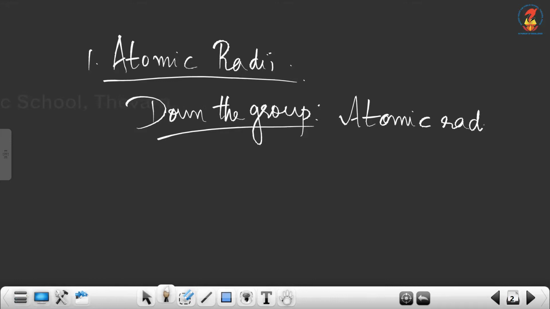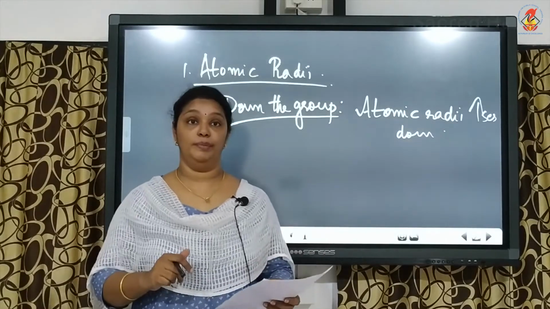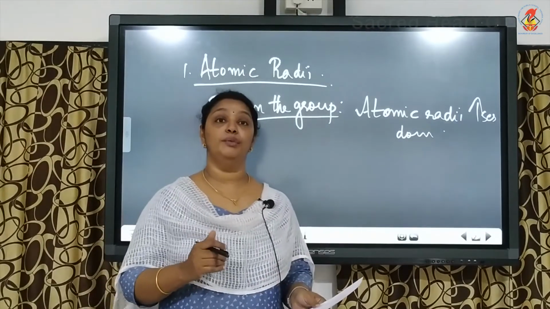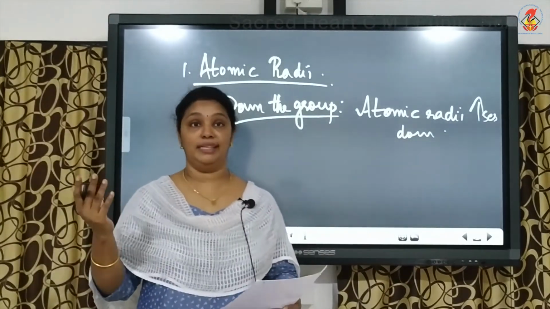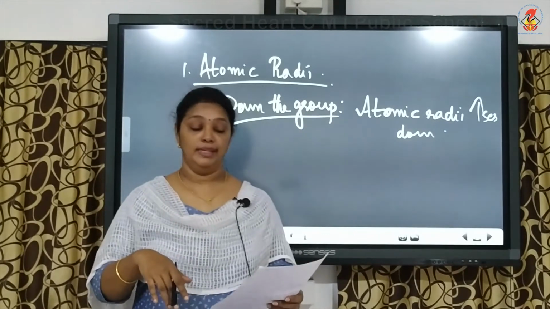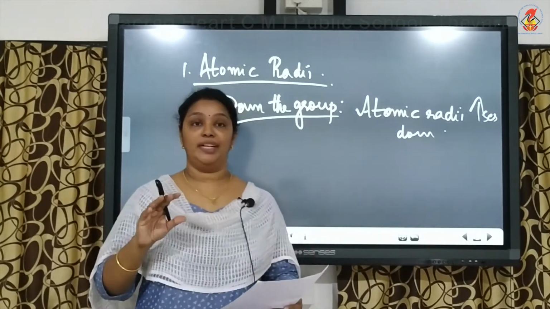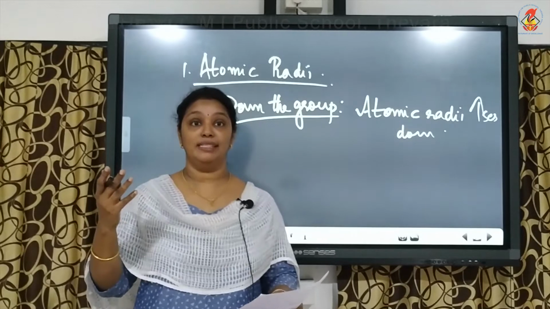Now, what is the reason for this increase in atomic radii down the group? You know that down the group the number of shells increases, that is, the n value increases down the group, isn't it? Then, when the number of shells increases, what happens to the force of attraction?